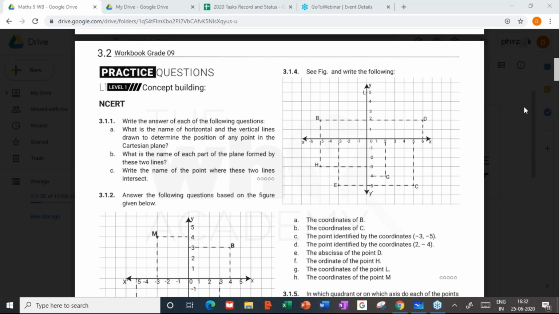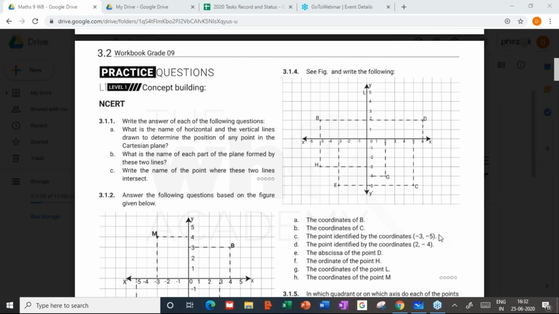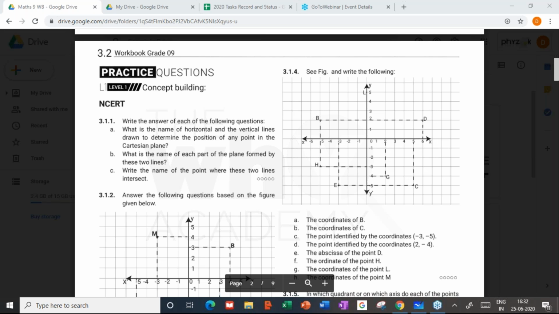Okay. -5, comma 2. Coordinates of B are going to be -5, comma 2. Anirban, B, Shivesh, B. -5, comma 2. Cool.